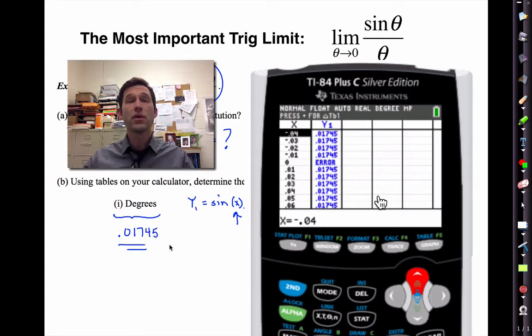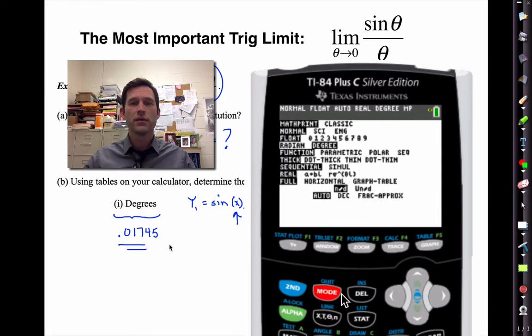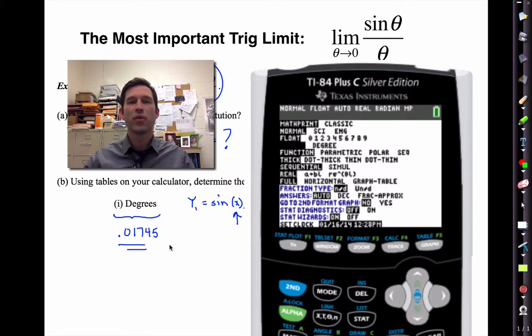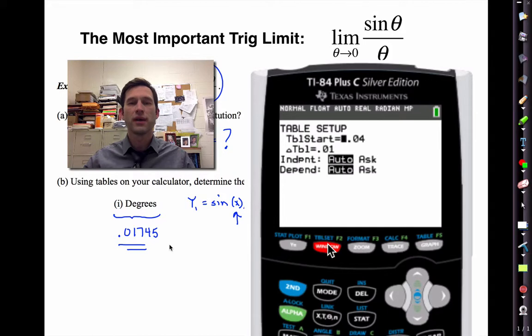Now the cool thing is, look what happens in radians. Now this is going to be easy to do because all we have to do is go back into our mode, go down, put our calculator in radians. I'm going to go back into my table really quick because oftentimes, my table setup that is, I have to make sure to reset this. So table start at 0, delta table 0.01.